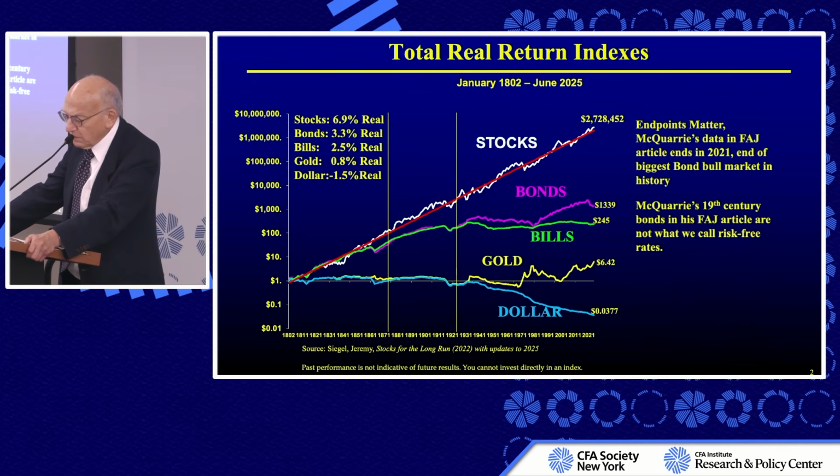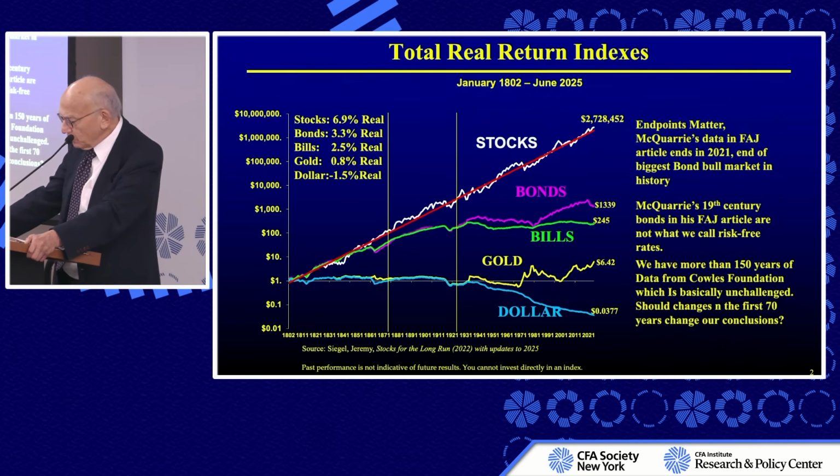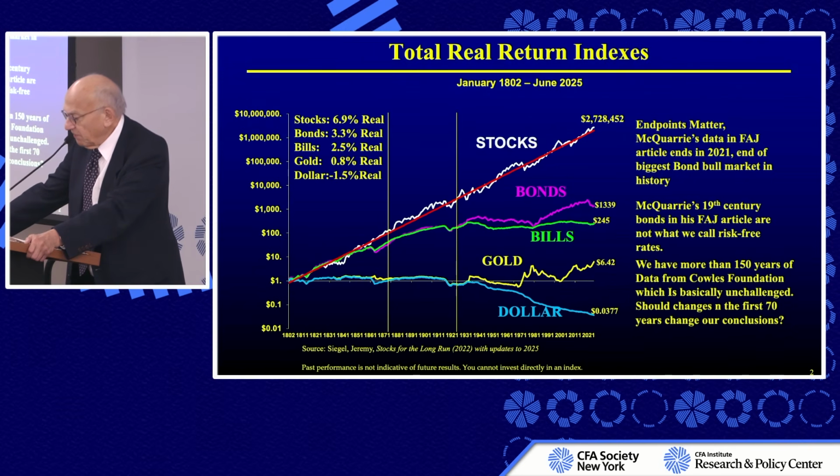So maybe stock returns aren't quite as good. Maybe bond returns aren't quite as good, though. I don't know. As you put in your article, maybe you'll talk about that. Maybe they are closer then. There's a question of, since that first data series, we have 150 years of further data, which I don't know, basically is unchallenged. I think maybe Ed put a few little changes in it, but nothing significant.